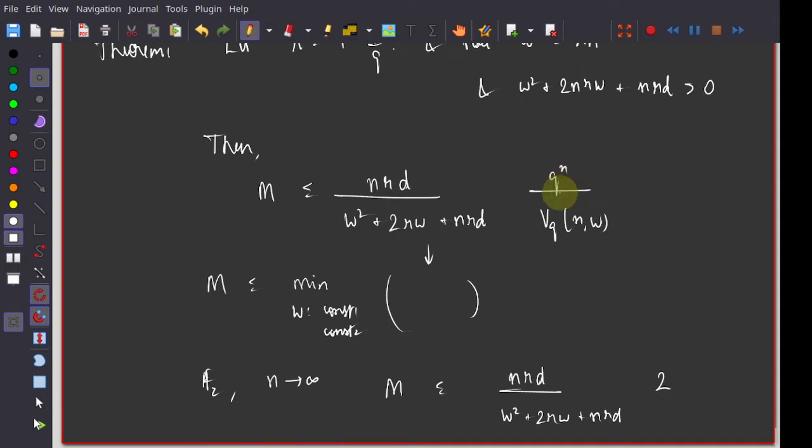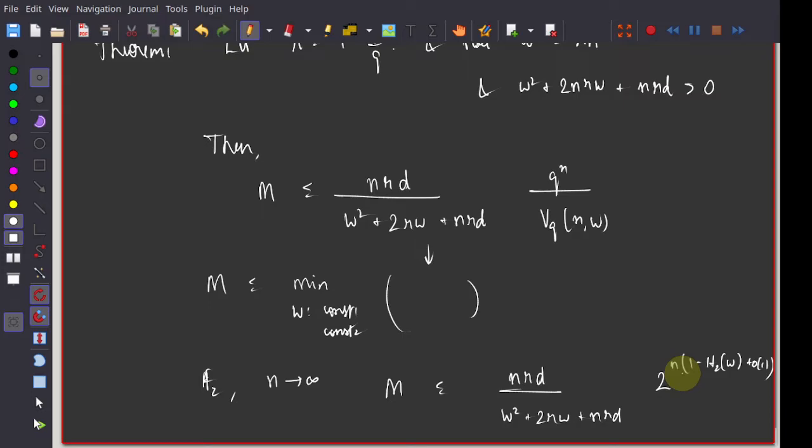This will be 2 to the n divided by Vq of nw, which grows as 2 raised to n times the binary entropy h2 of w, plus whatever lower order terms.